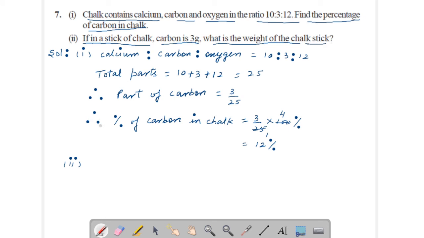Here quantity of carbon in chalk stick, it is 3 gram.